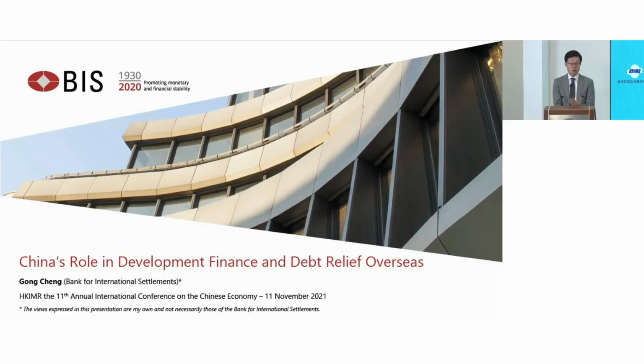Hello, everyone. Good morning, good afternoon. It is a pleasure to take part in this very interesting conference. Following the previous paper, which talked about bilateral swap lines, I'm going to talk about China's role in international financial architecture, but from a very different perspective, focusing on China as a lender and also as a debt relief provider.